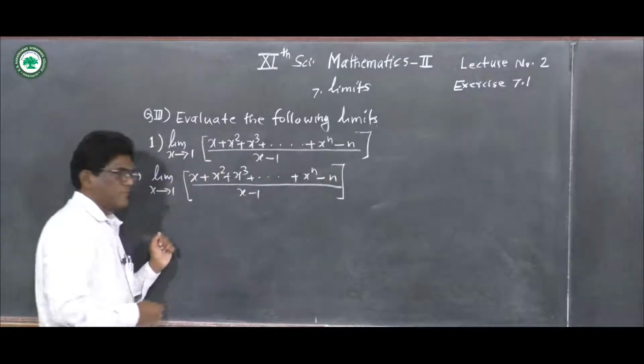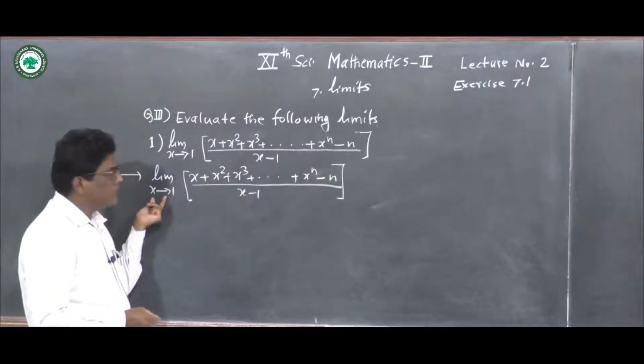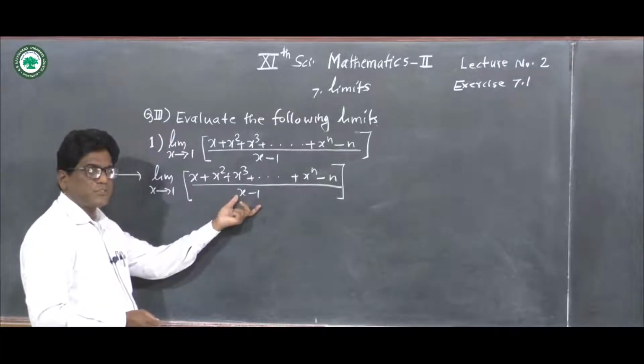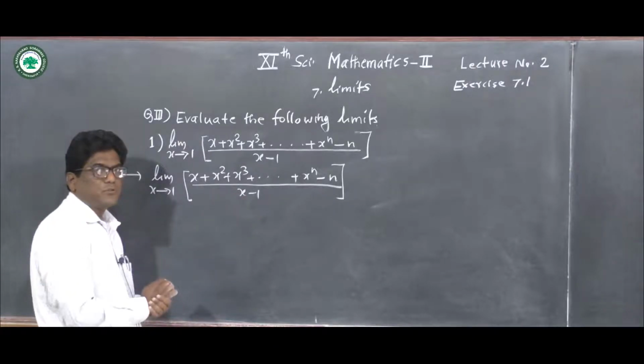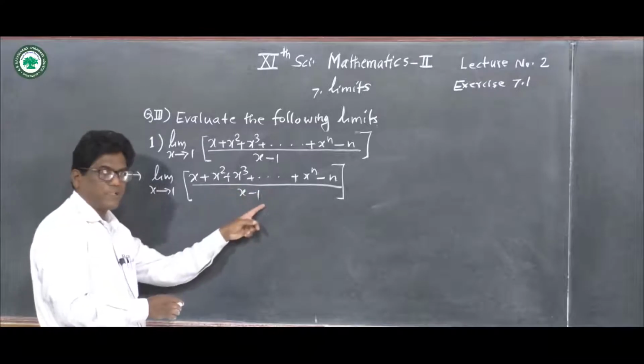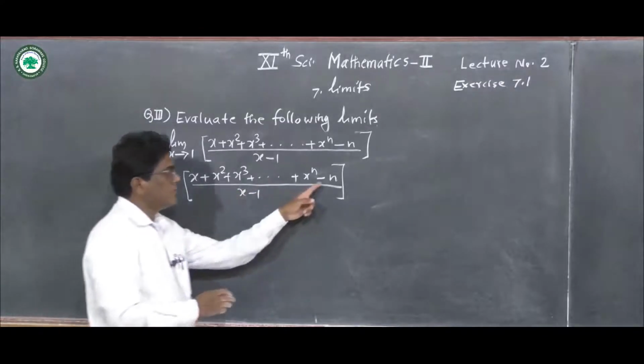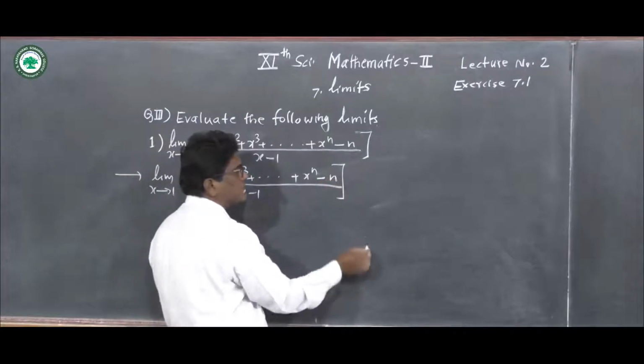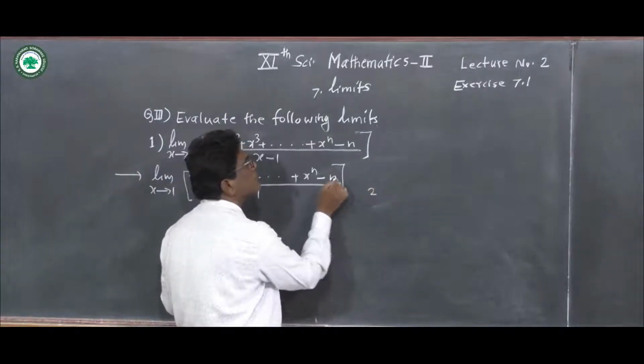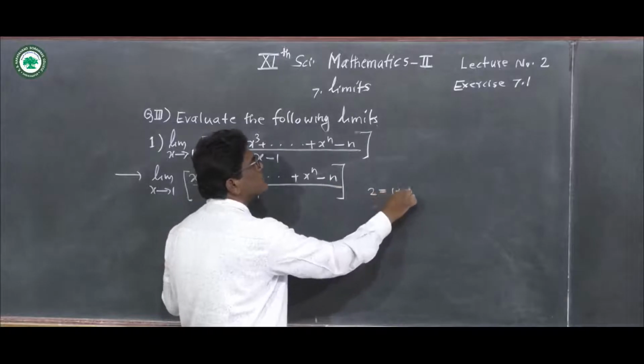Now see here, limit as x tends to 1. When we put x as 1, the numerator is 0 and the denominator is 0, so we have to remove this difficulty by solving the problem. Now how to solve? Here we write this n. Suppose here 2, we write 2 as 1 plus 1.